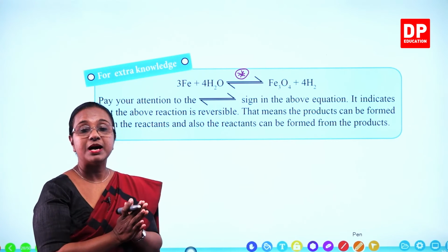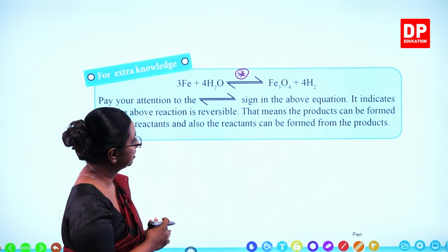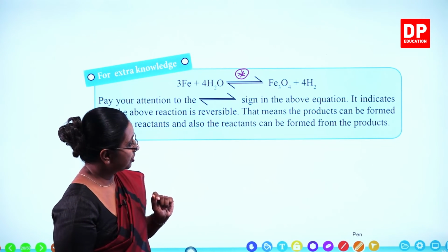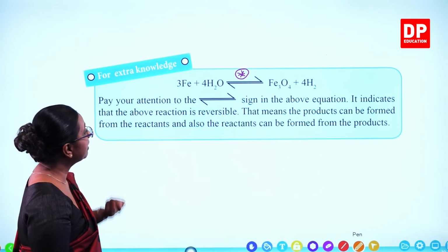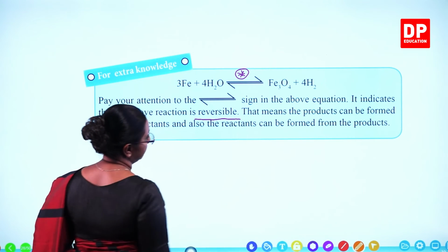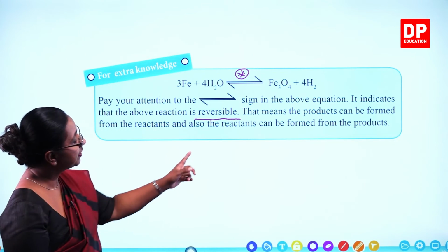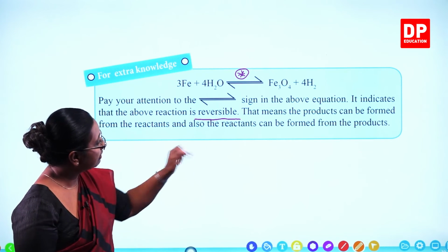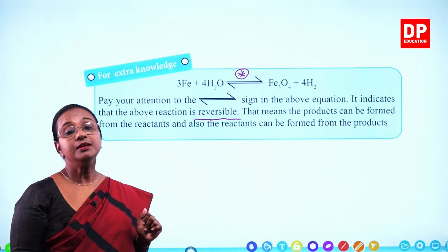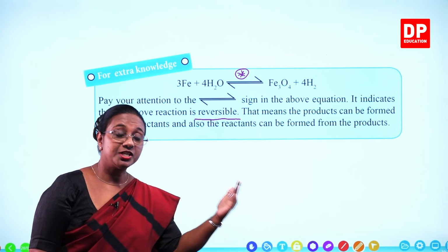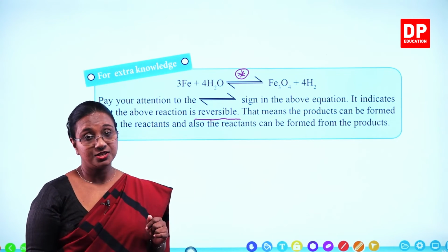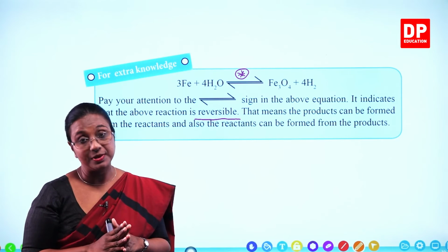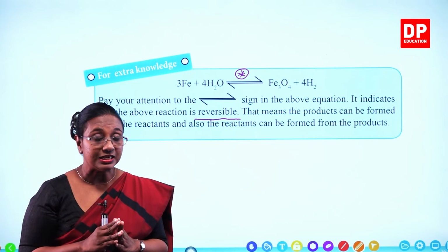Half arrows combine together in both directions. In the above equation, it indicates that the above reaction is reversible. That means the products can be formed from the reactants and also the reactants can be formed from the products. So the reaction can take place in both directions. You all have to remember that, students. Is that clear to you all?